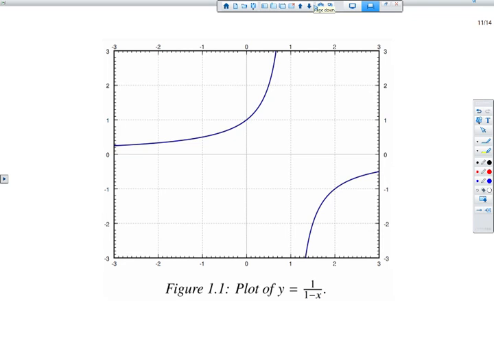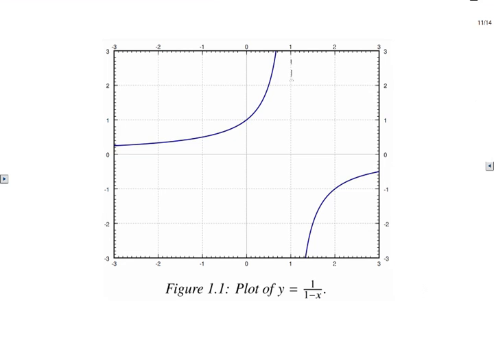So you can see in the c equal 1 situation, you're going to get what they call a vertical asymptote. Okay, vertical asymptote. So that means when the function tries to reach the value 1, the graph goes to positive infinity from the left side, negative infinity from the right side.